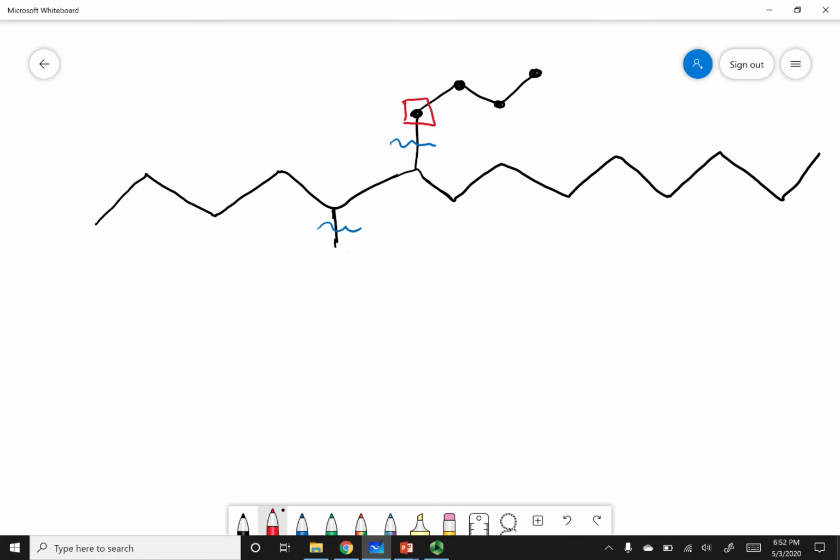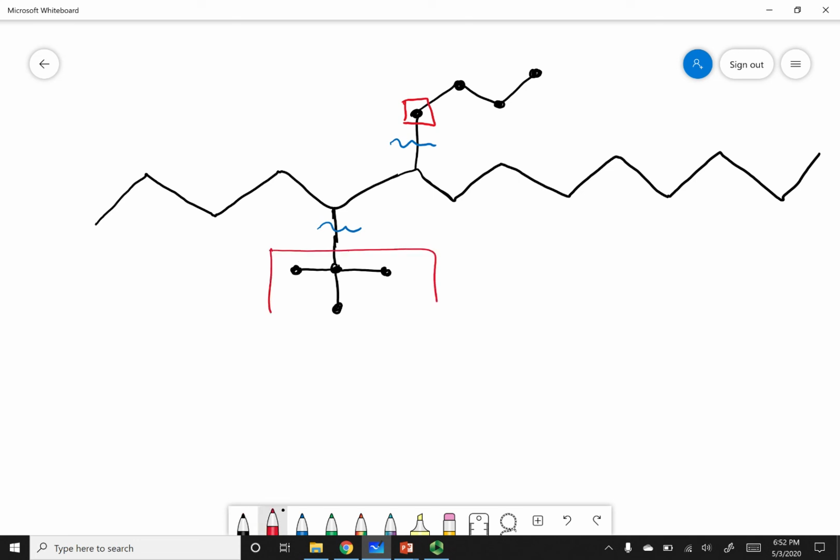Now, the last common substituent that I want you guys to know is still a butyl group, and this happens when my carbon that attaches to the main chain radiates out 3 carbons. So here's carbon 1, 2, 3, and 4.